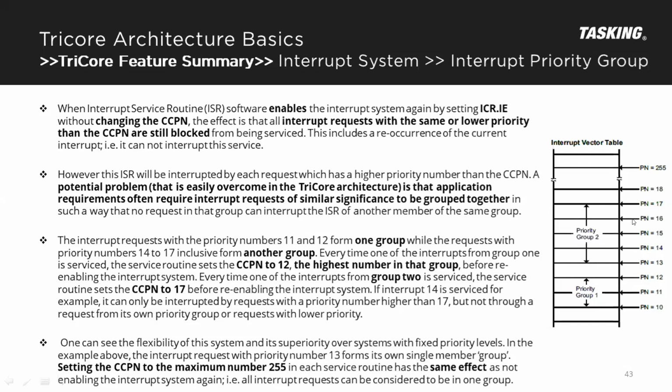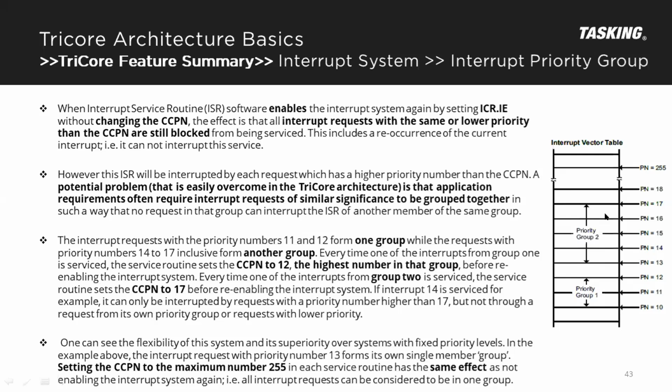Once one interrupt happens from priority group number 1, let's say interrupt number 11, the CPU priority number will be updated with 11, right? And when one interrupt that comes from this priority group happens, it will definitely interrupt this interrupt, and it will take the lead and take the CPU because it has a higher priority number than what currently exists on the CPU, and it will execute.